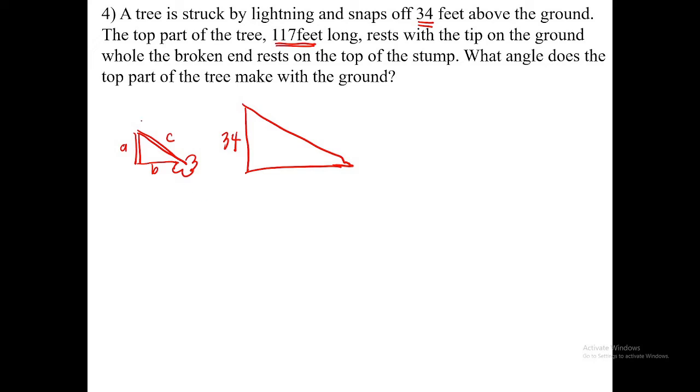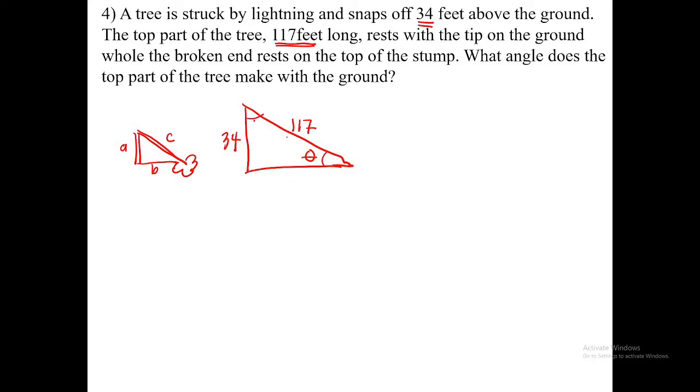C, because that is the top part that broke off, so that is the 117. The question is, what angle does the top part of the tree make with the ground? Which angle, this one or this one? The upper or the lower? Lower. So I'll be using this one, theta.